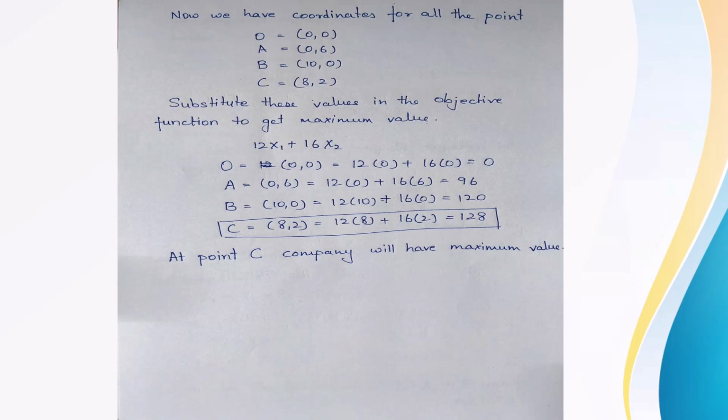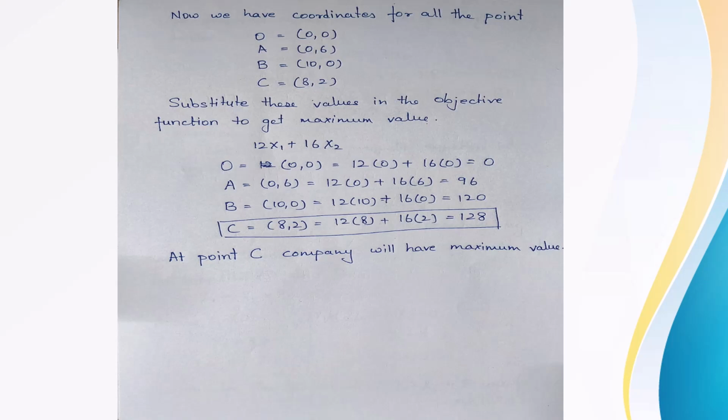If you see the question, the objective function is maximize z, that is equals to 12x1 plus 16x2. So we have to substitute the value of each coordinate in this 12x1 plus 16x2.